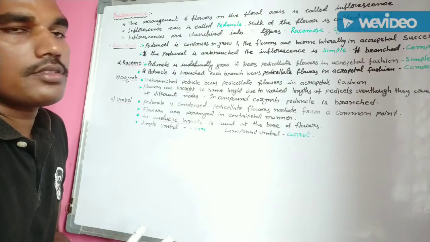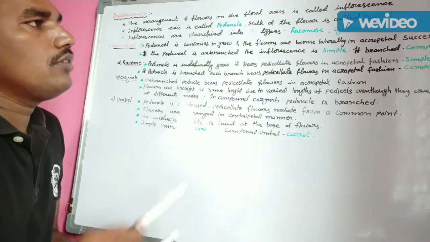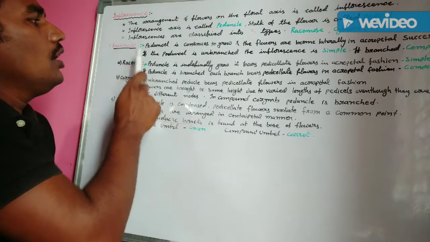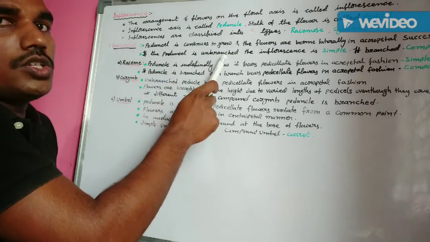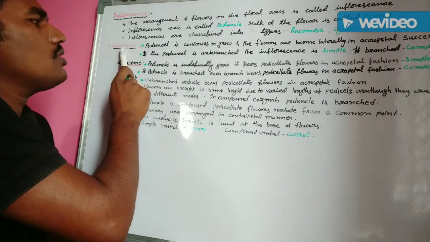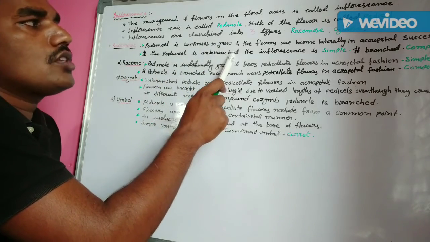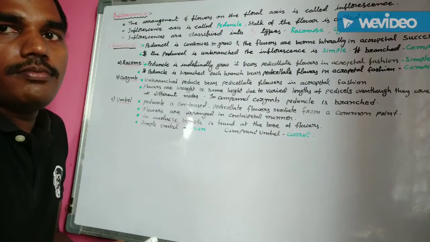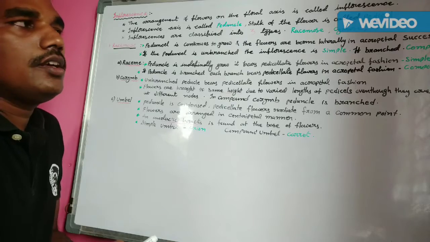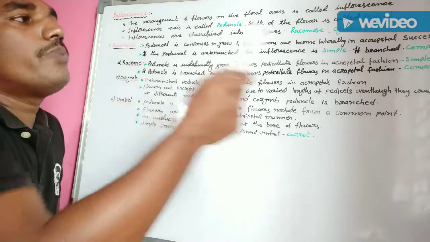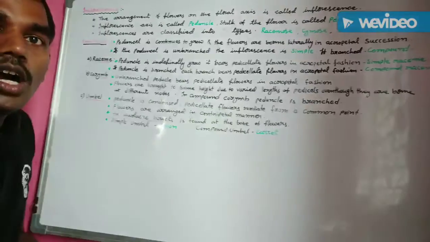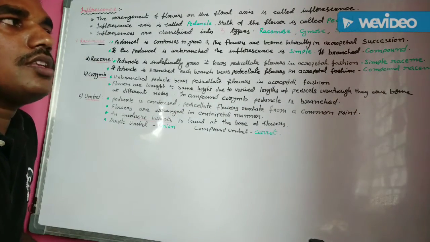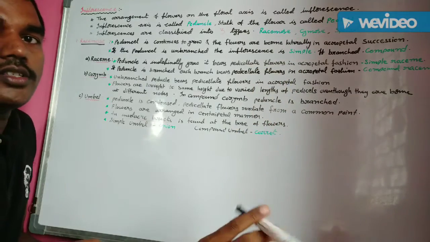This type of inflorescence is known as acropetal succession. Okay, in this racemose inflorescence, if the peduncle is unbranched, the inflorescence is called simple racemose inflorescence. Okay, if the peduncle is branched, it is called compound racemose inflorescence.